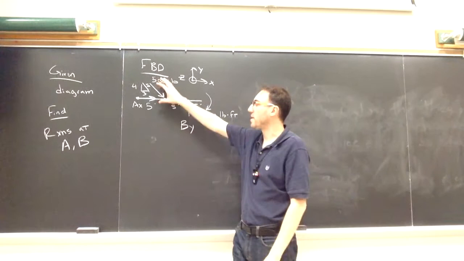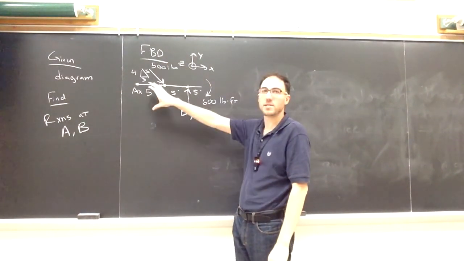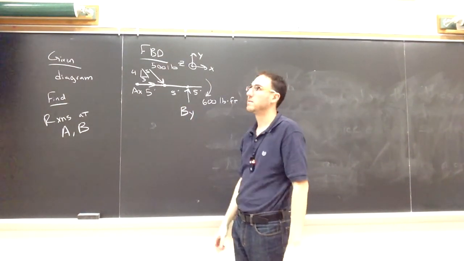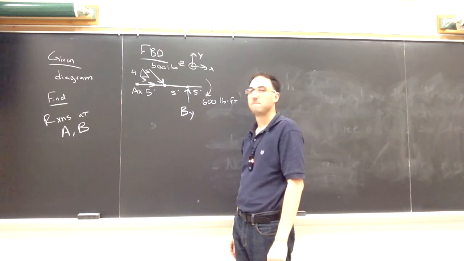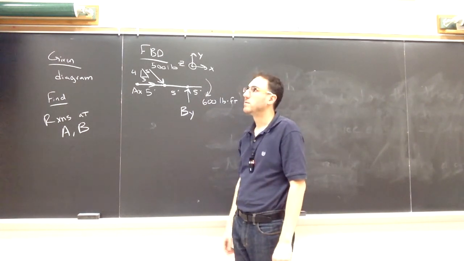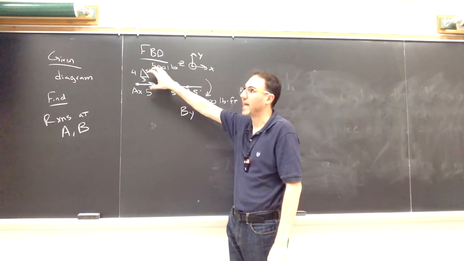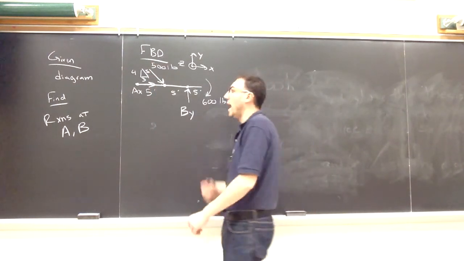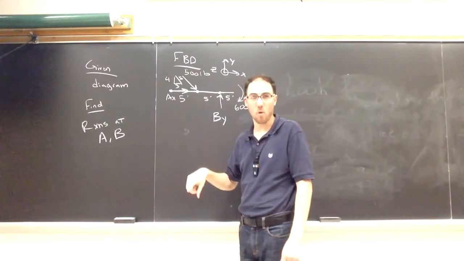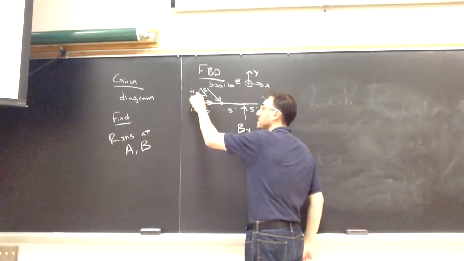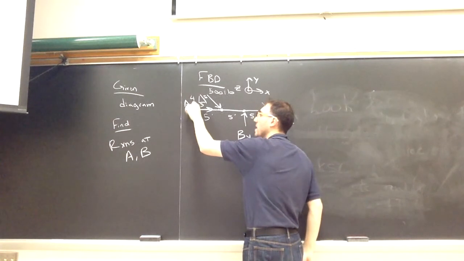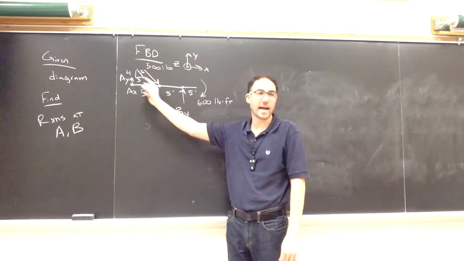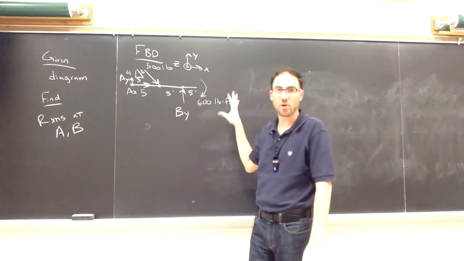And then we think vertically, can we move the beam up or down when the pin is there? Right, so it's pinned there, we can't move it up. So because it can't move up, nor can it move down, I have a choice. It could be pointing up or it could be pointing down. I'm going to assume it's up and call that AY. If I assumed AY were down or AX was to the left, I can still get the correct answer.